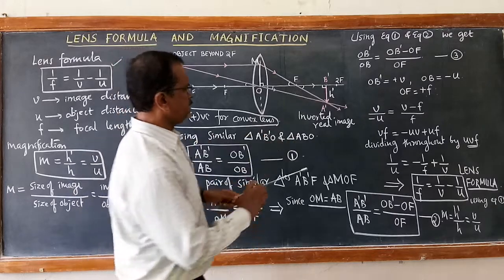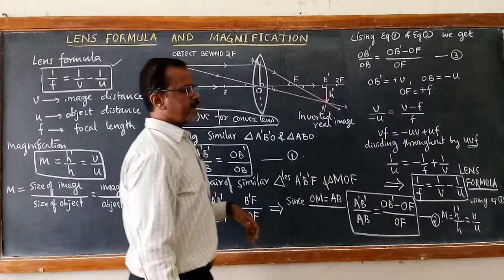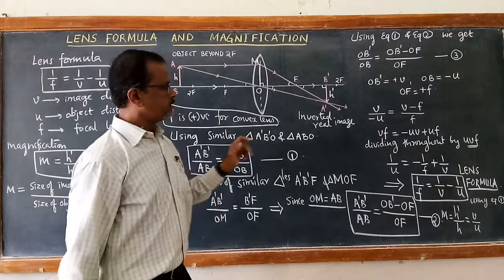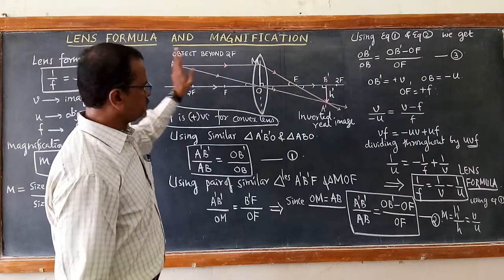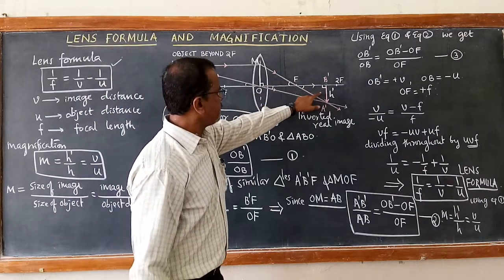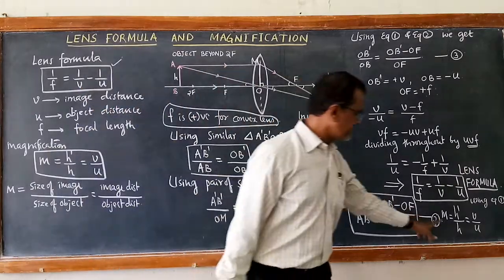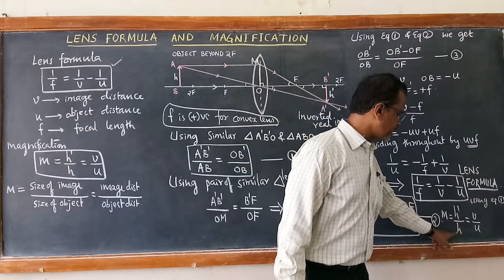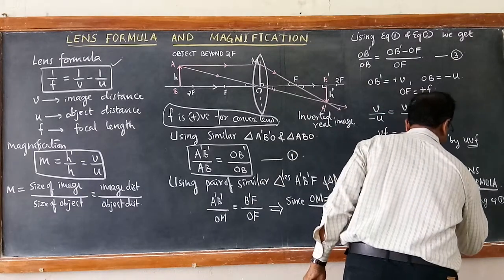Since it is inverted and acting vertically downwards, it is along the negative y-axis. Therefore, H dash is negative. So minus H dash by H is equal to V by minus U. So minus cancels. Therefore, magnification is equal to H dash by H, that is equal to V by U. So this is the equation for magnification.